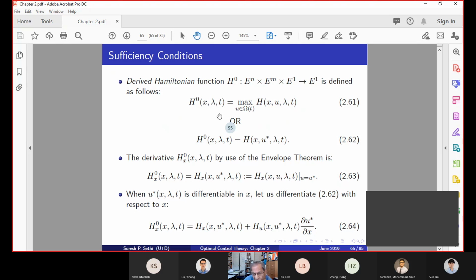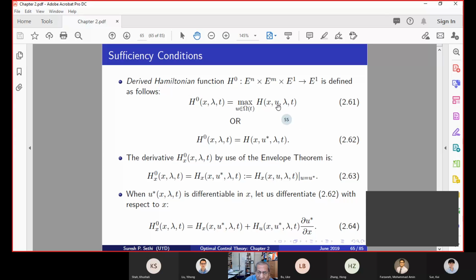Next thing that we do is the sufficiency condition. Now we show that the maximum principle is also sufficient if we have some regularity on this Hamiltonian. So let's define the Hamiltonian function, which is like this. Let's take the maximum over this vector u.